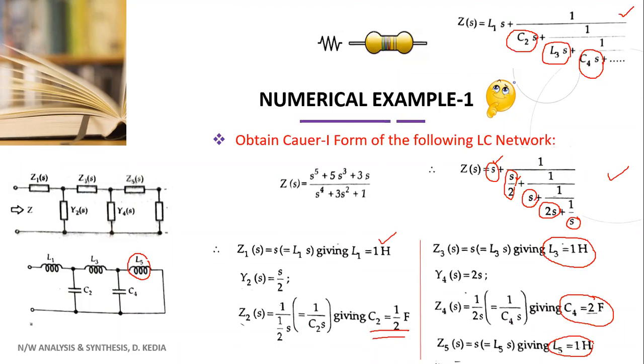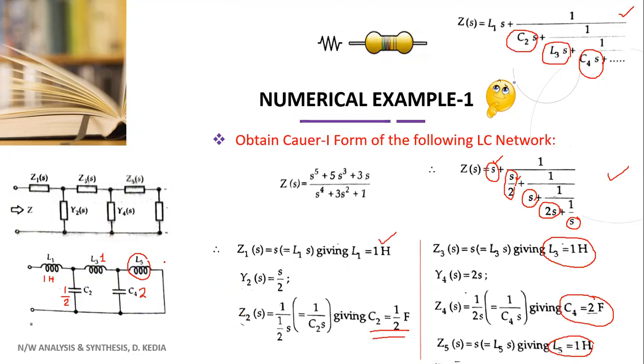Okay, so that is our Cauer 1 form. How do we represent the Cauer 1 form? L1, its value is 1 Henry. Then C2 is 1 by 2 Farad. What is L3? 1 Henry. Then what is C4? C4 is 2.